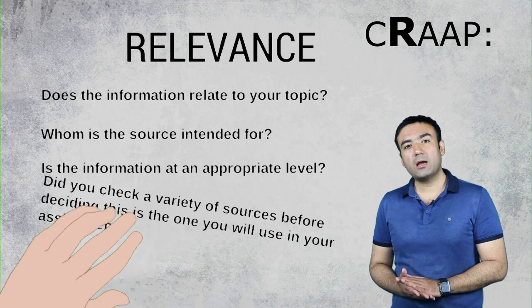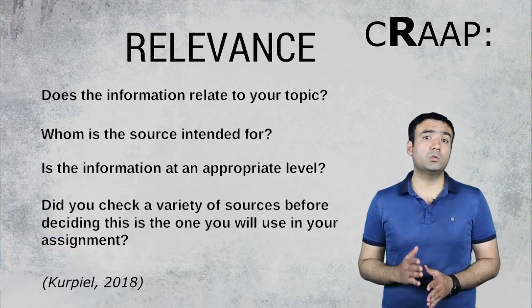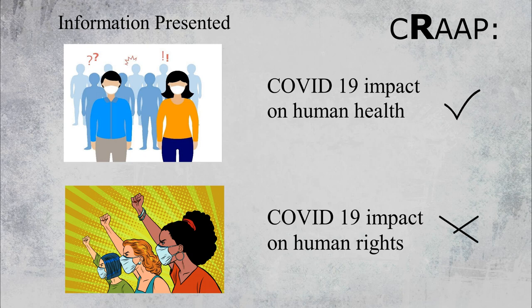Did you check a variety of sources before deciding this is one you will use? For example, if you are looking for information about the impact of COVID-19 on human health, an article about the impact of COVID-19 on human rights may be interesting, but it will not answer your question.